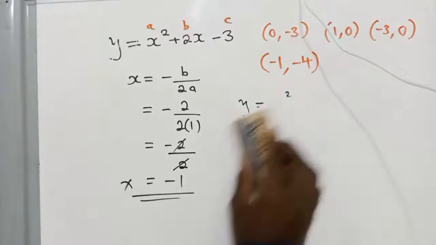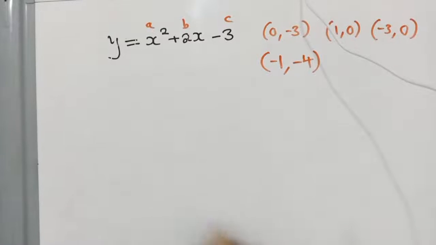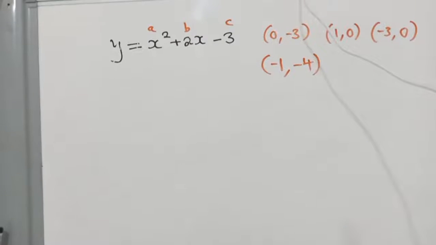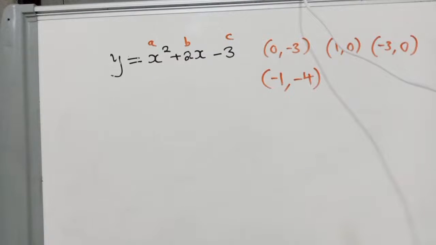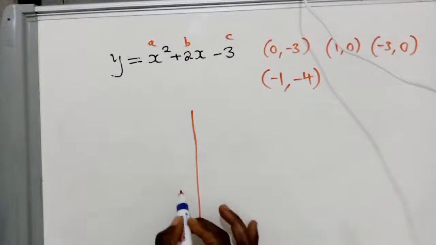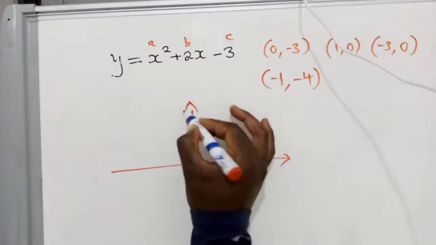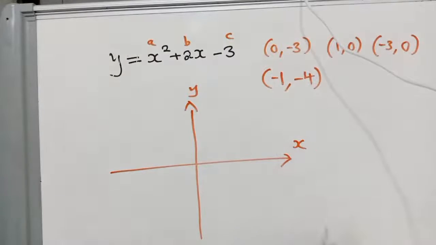In this case, our graphing will be fantastic, will be well done, because we have all the needed coordinates. So now we can start. We can put our Cartesian plane like this. This is y-axis and this is x-axis.